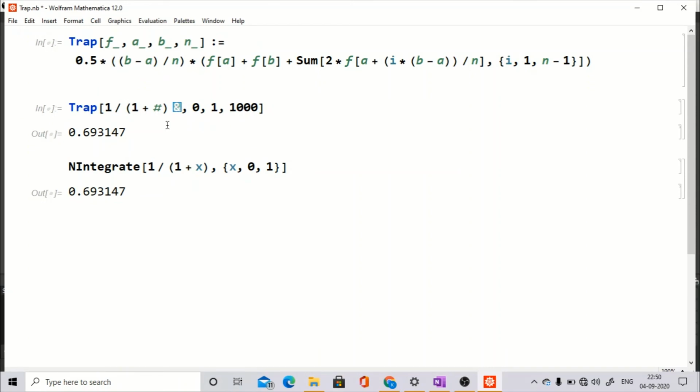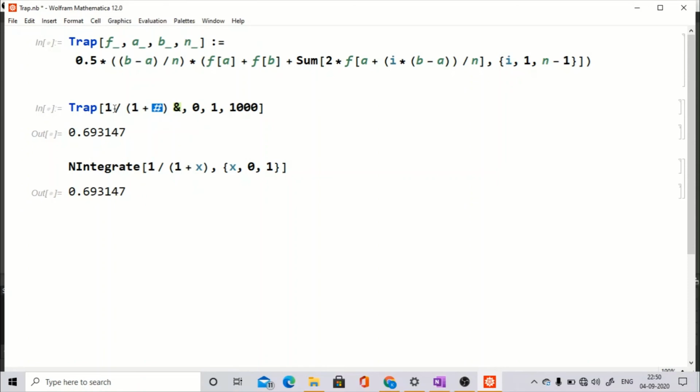Here x in this whole command is not actually a fixed variable, it is basically an array, and an array is not a fixed number, it will change for each iteration. So you have to keep in mind that whenever this kind of thing arises, you have to write hash instead of the variable, because it is not a fixed thing, it is an arbitrary thing in the function, okay.